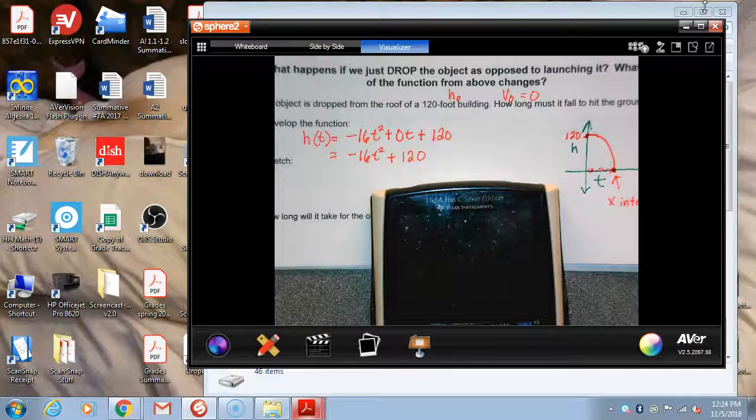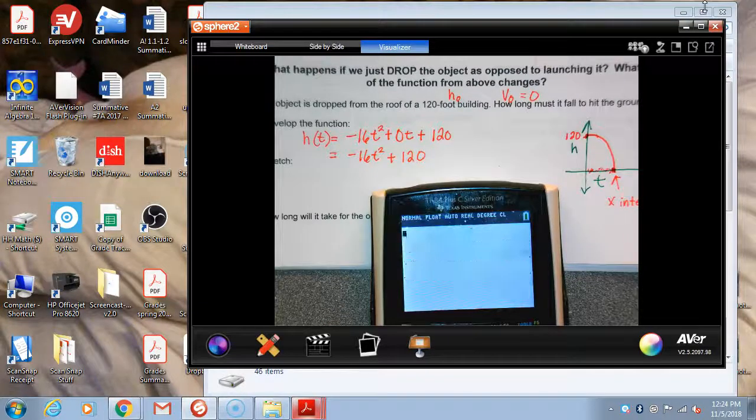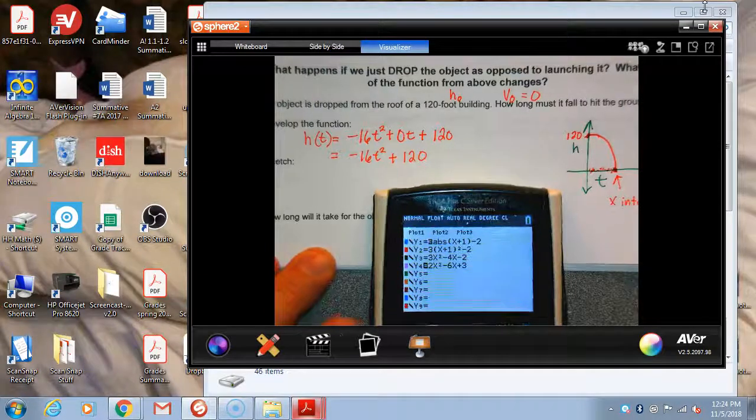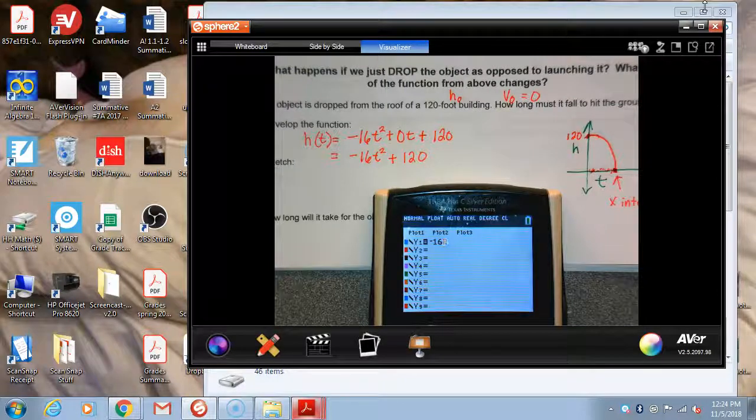Remember we did this last week? Our y equals negative 16. We have to use x because we don't have a t. x squared plus 0x plus 120.